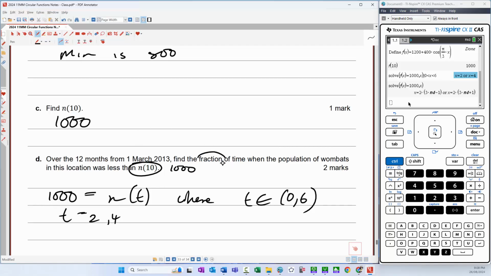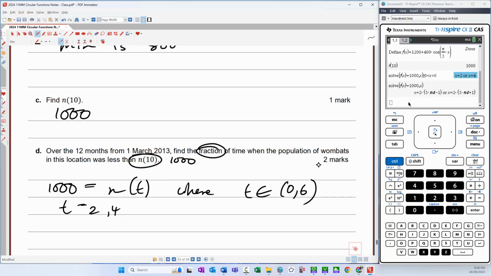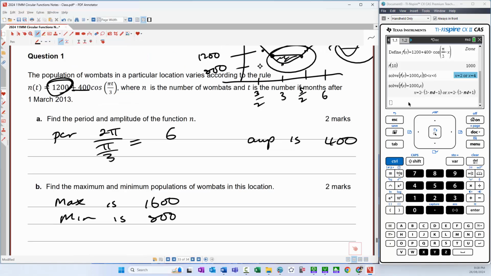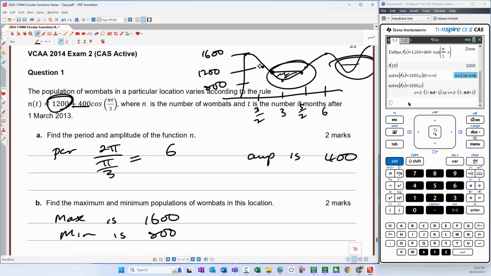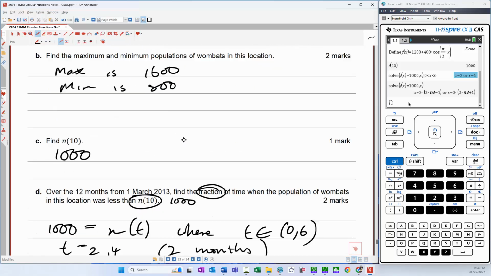So find the fraction of time when the population was less than 1,000. So this would be 2 hours, or 2 months rather. Let's just check t is months. Yeah, t is number of months.